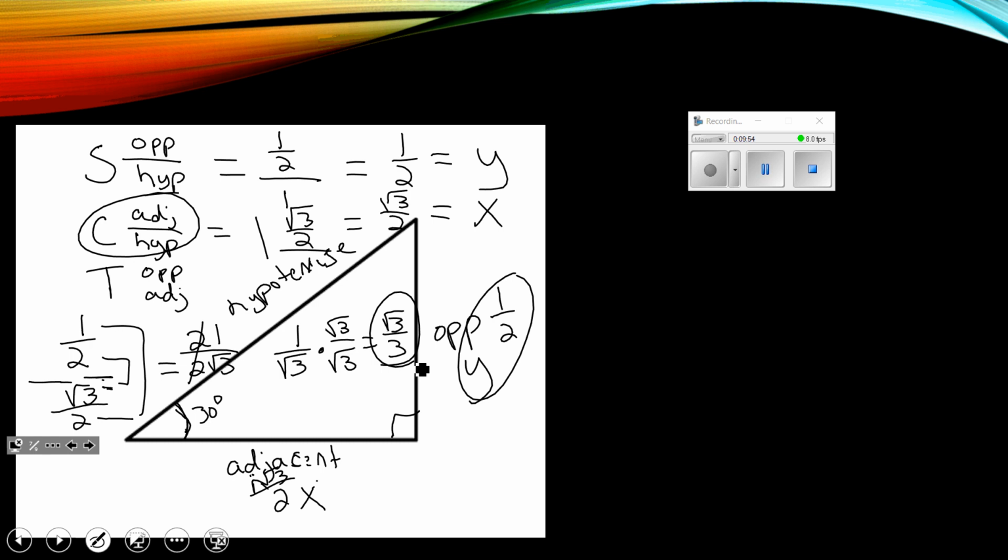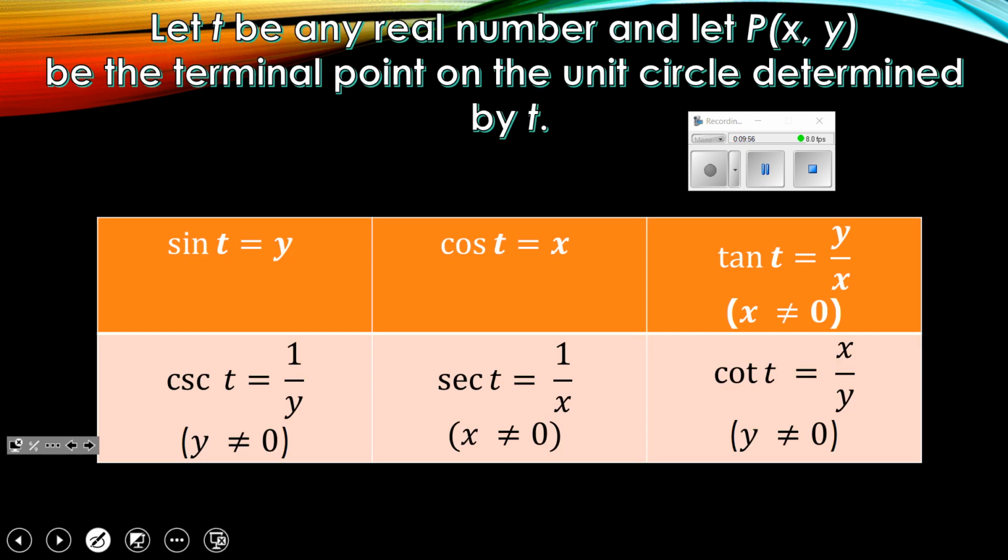Based on what I just showed you, I gave it to you based on SOHCAHTOA, because that's what you were familiar with. But this is the rule, okay? It is the y, it's the opposite divided by the adjacent. It's the same thing, but it's the y divided by the x. And if you have to, you will have to simplify it.